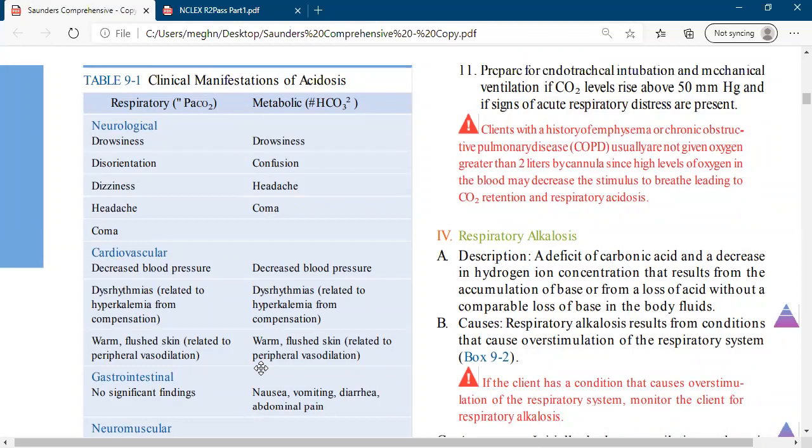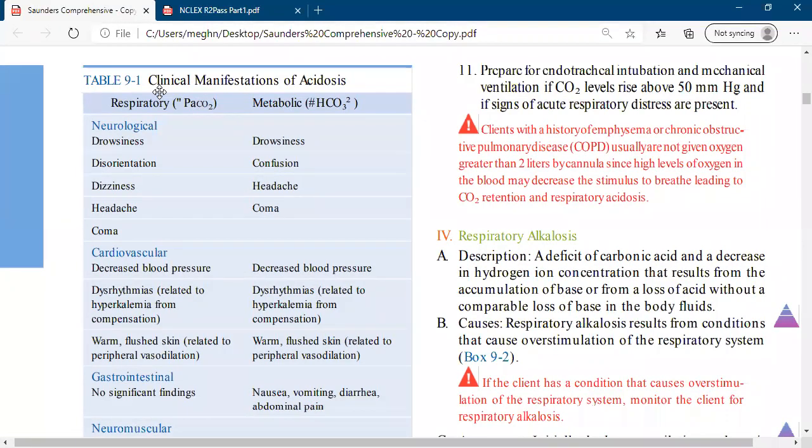If I give one focus on respiratory alkalosis, respiratory is just the simple meaning of the system. Respiratory alkalosis or acidosis, whatever it is, the term is respiratory.